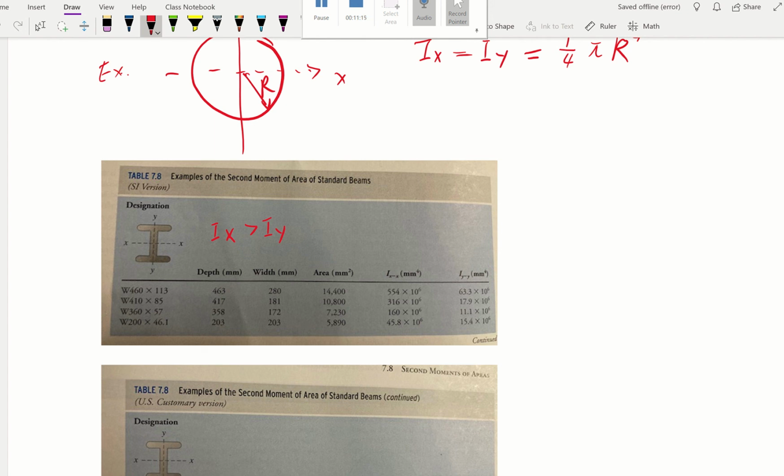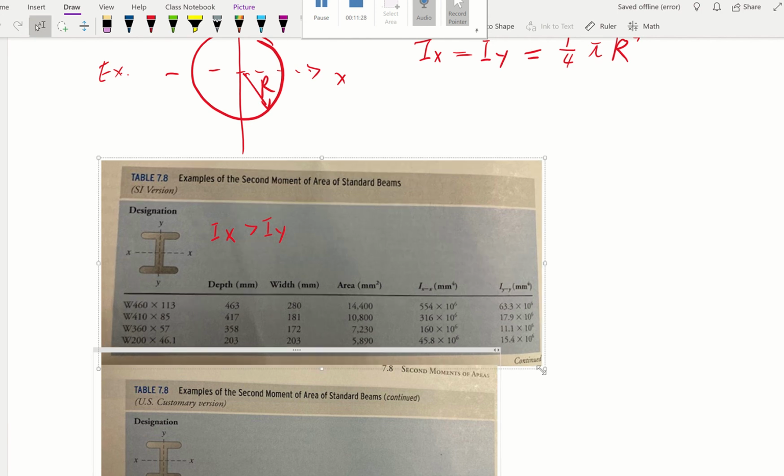That's why when we see I-beams at the construction site, they are all in this configuration. Now, knowing Ix is greater than Iy, you can actually look at the example over here in your book. You see Ix is always greater than Iy.